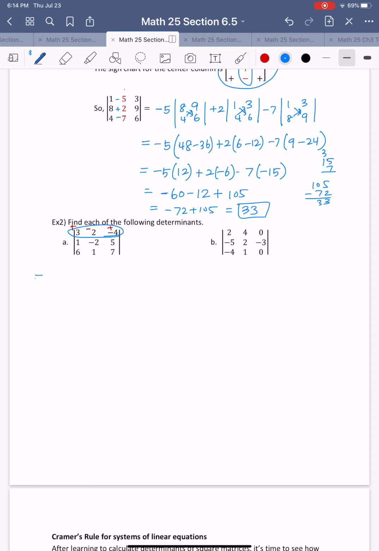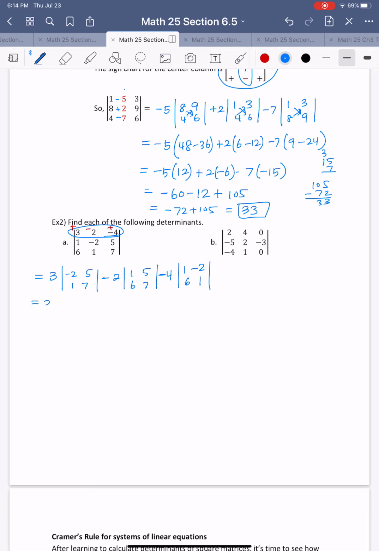So equal to 3 of the matrix negative 2, 5, 1, 7, and negative 2 of 1, 5, 6, 7, negative 4, because when you have a positive-negative, it becomes negative. And then you got 1, negative 2, 6, 1.